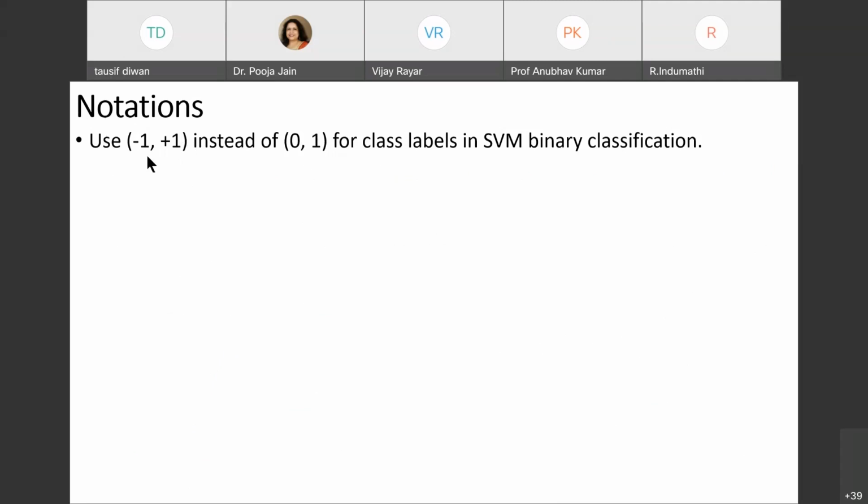Is it fine? Only one difference is there. Instead of class 0, we are considering this as label -1. So -1 means negative class and +1 means positive class. Specifically, this is SVM binary classification. We are not talking about multi-class classification.